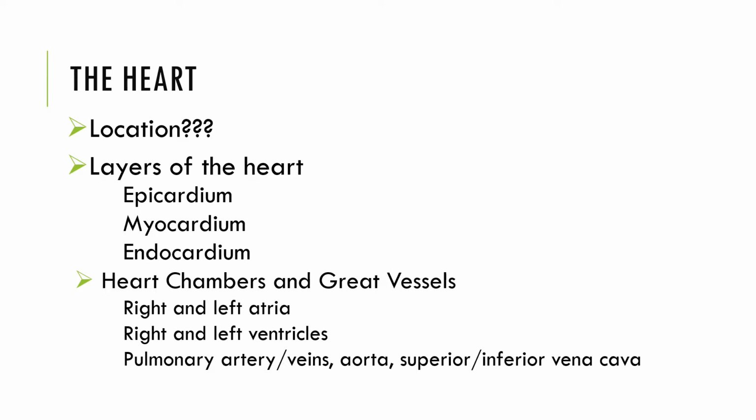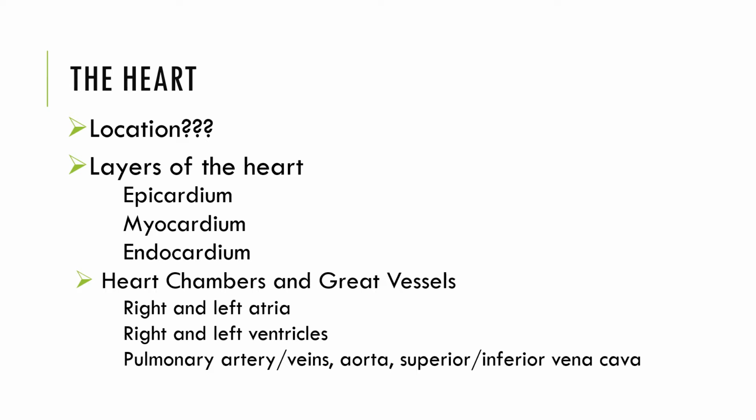There are different layers of the heart. Epicardium is the outer layer, myo is the middle, and then endo is the inner. There are different chambers and vessels in the heart. You have the right and left atrium, which are the top.